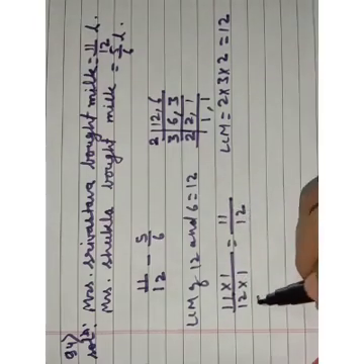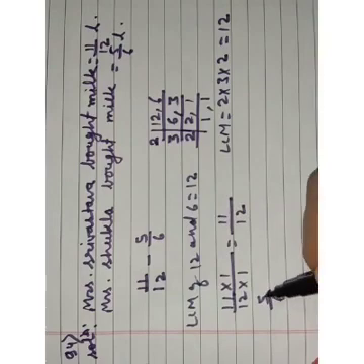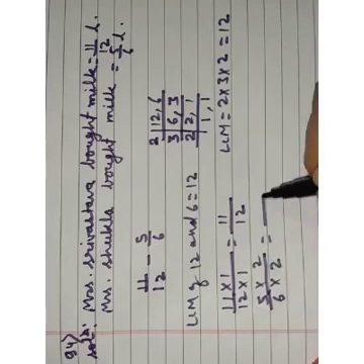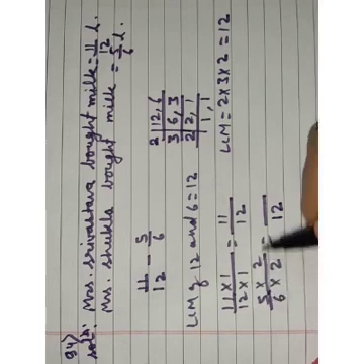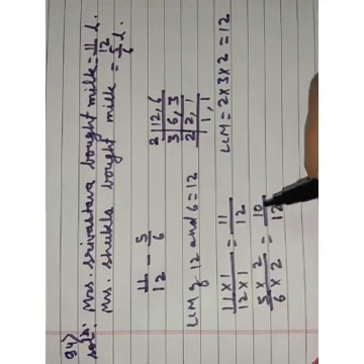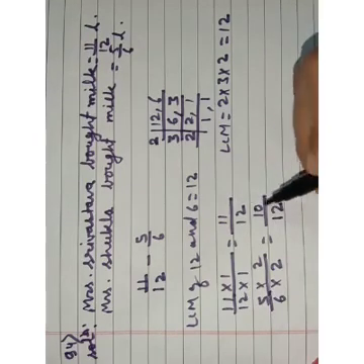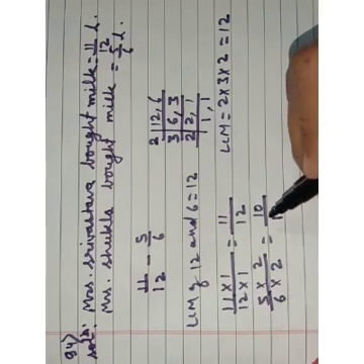Now the second fraction is 5 upon 6. So we can multiply it by 2 to get the denominator 12, that is the LCM. 5 twos are 10. Now we can see that both are like fractions and we can subtract them easily.